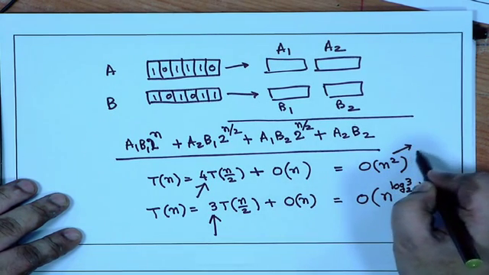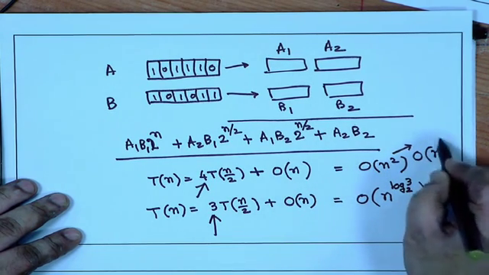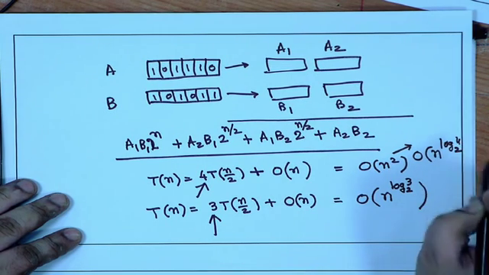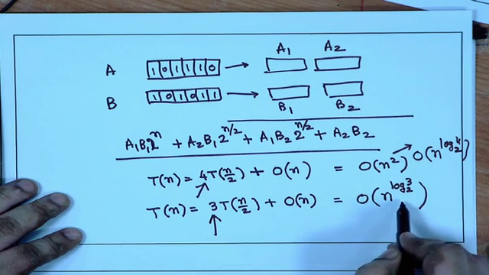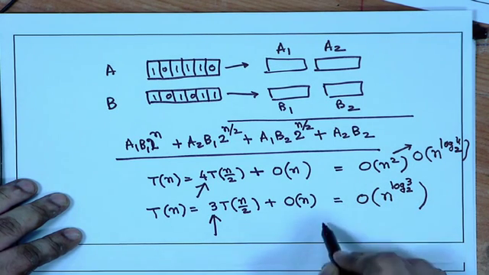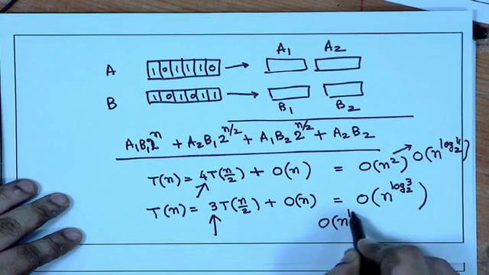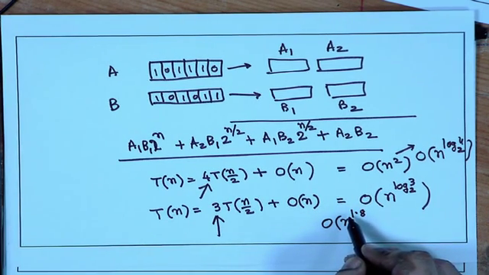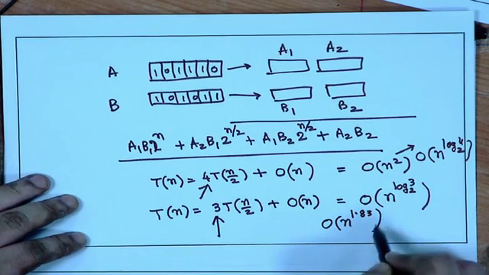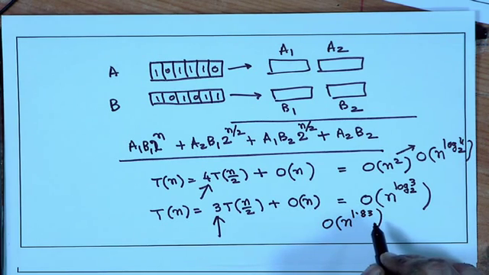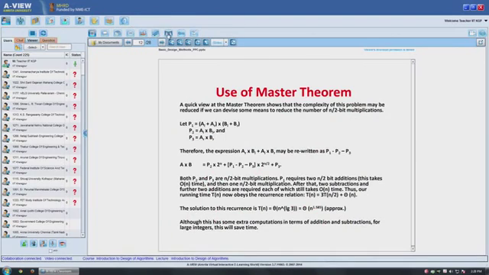This actually was order n^(log 4 to the base 2), which is order n squared, but log 3 to the base 2 is much less than 2. It is about 1.58.